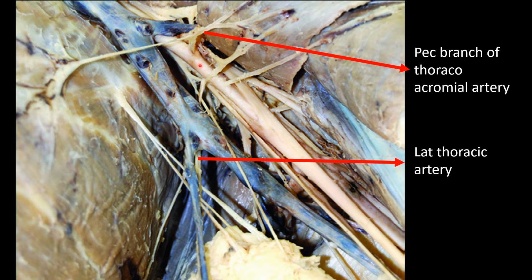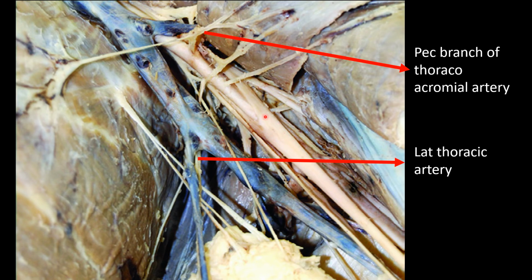The axillary artery has branches: from the first part, one is the superior thoracic artery, which I'm going to show in the next slide, and from the second part, two branches. I told you three parts are there. The first part is present above the pectoralis minor, the second part under the pectoralis minor, and the third part below it, from the inferior border of the pectoralis minor.